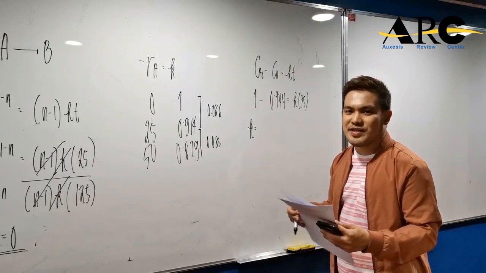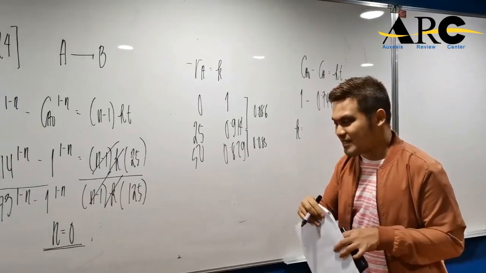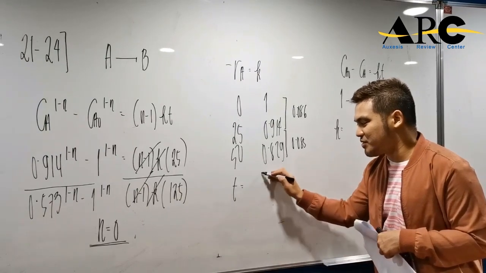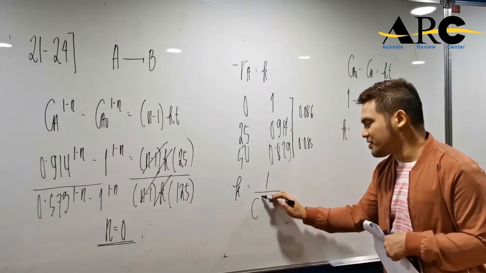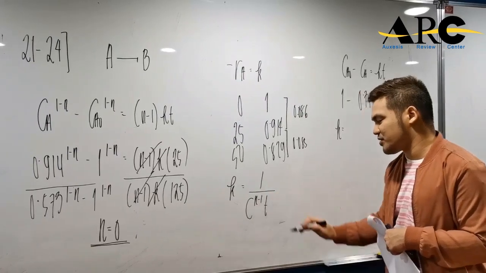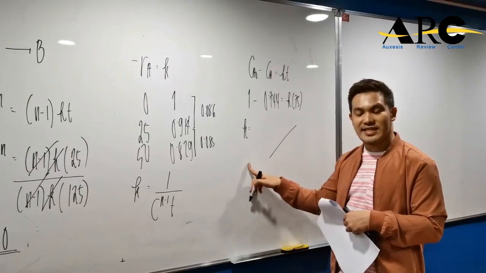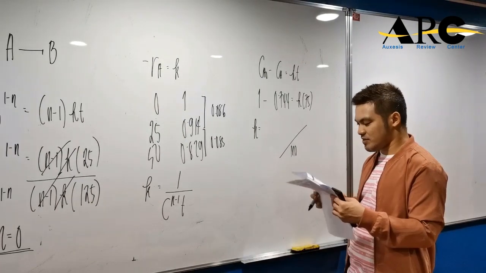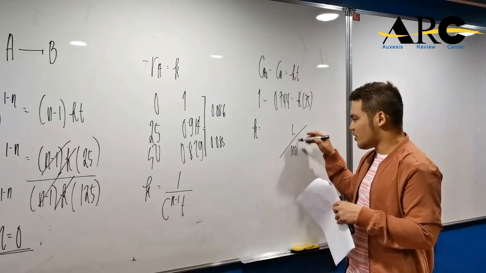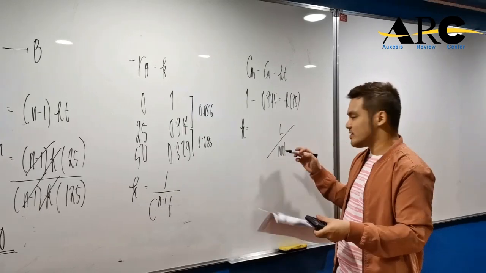O ano ba ang unit ng K kapag 0 order? Naalala nyo yung sinolve natin kanina for any order. Ang unit ng K natin is 1 over concentration raised to n minus 1 over time. Ang concentration is naka-molar, ang time natin dito ay naka-second.